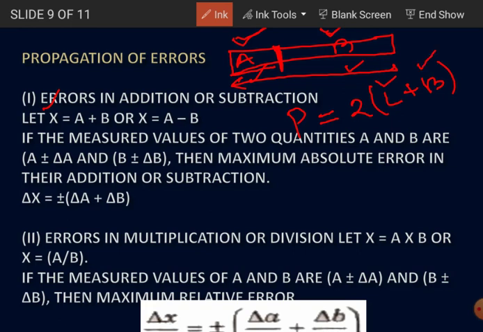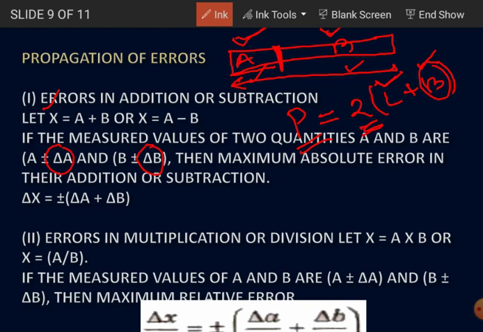The sum of these two times 2 gives you the perimeter, but this 2 is a constant quantity, so there will not be any error in it. While measuring the length, you will come up with an error, and that error we call the absolute error delta A. In the measurement of the breadth there will also be an error, and that we call delta B.